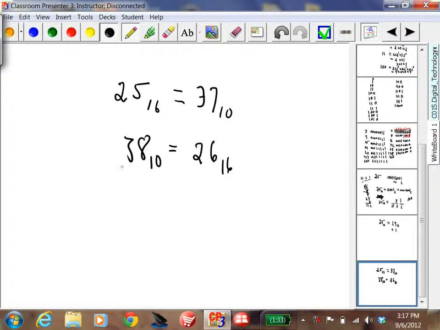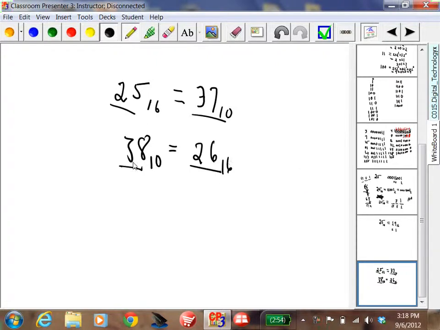See, this is one more than that, so this has to be one more than that. All this stuff we're doing is really elementary arithmetic here. We're doing first grade or second grade arithmetic, binary and hexadecimal and this stuff.